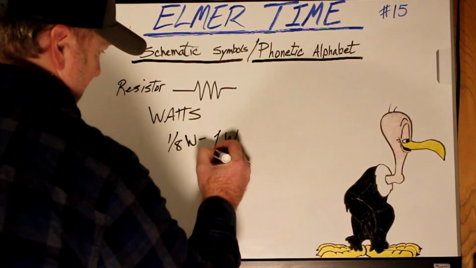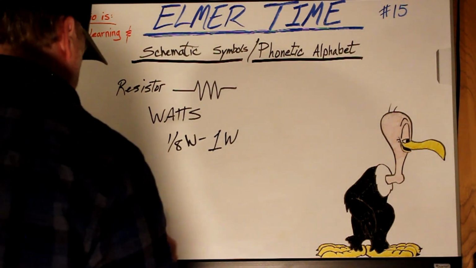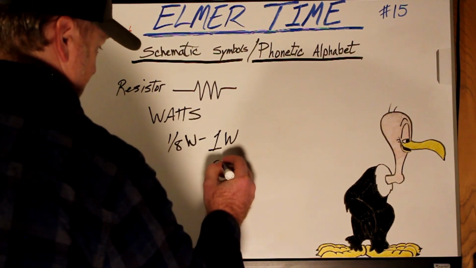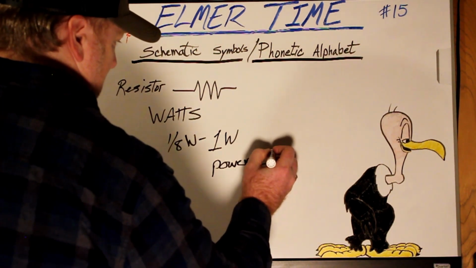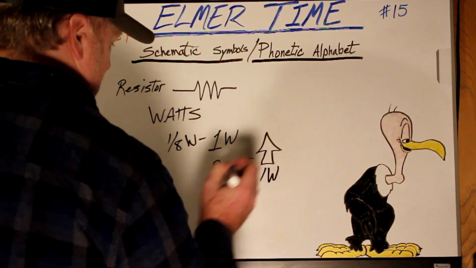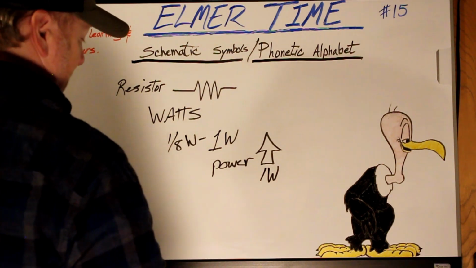There are bigger resistors than 1 watt, but once you go over 1 watt, they are considered a power resistor, and they're mainly for dissipating power.